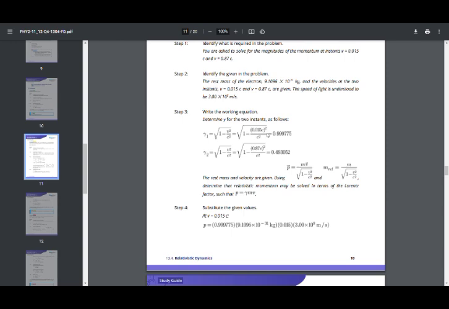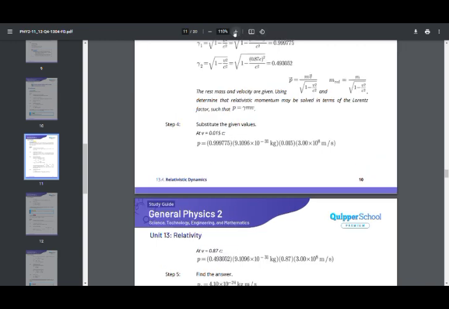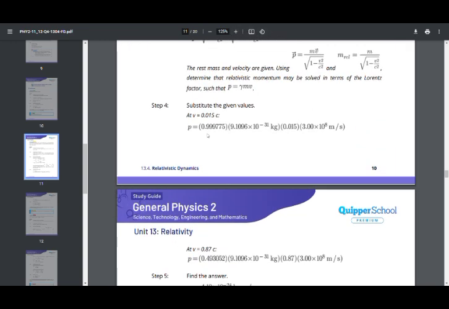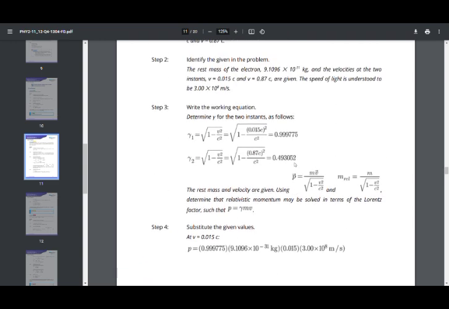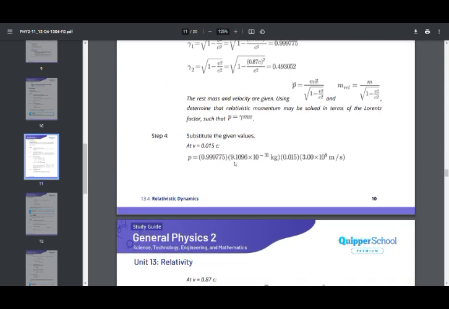So, ang next step na natin is substitute yung mga given value. So, baka nagtataka kayo kung saan nagkukuha. So, P is equal to 0.9975, multiply. Ito yung given value natin kanina, sa 9.1096 times 10 raised to the power negative 31. Ayan yan.